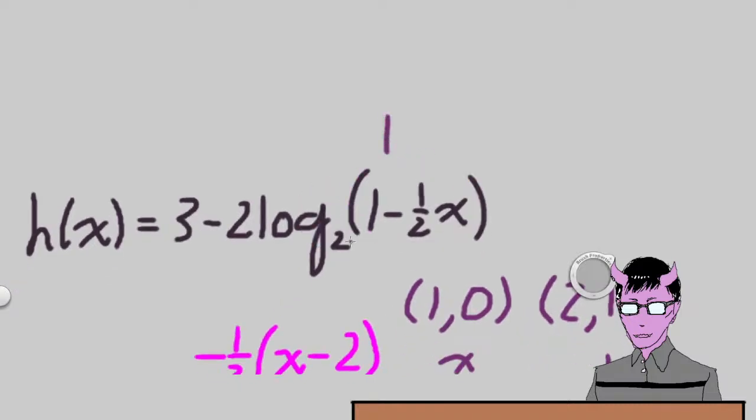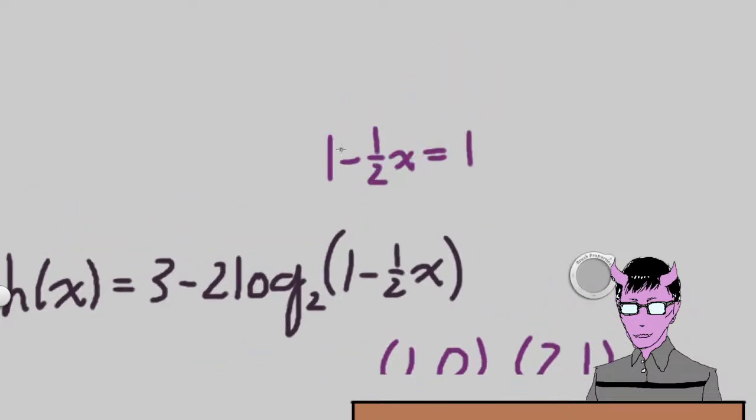Alright, we want to force the 1 and we want to force the 2. So how do we make this entire thing into 1? Do the algebra. So we'll move this to the other side and we'll subtract 1 from both sides. So we're going to get minus 1 minus 1.